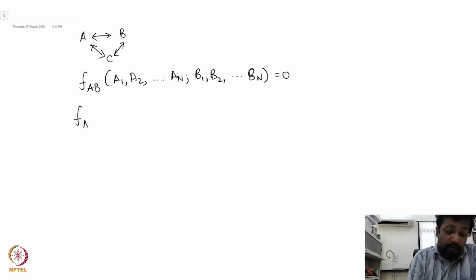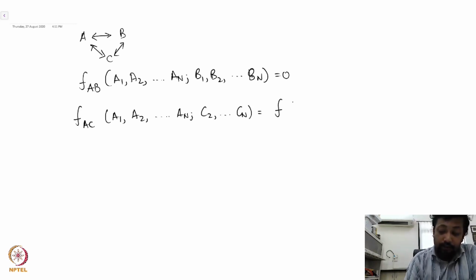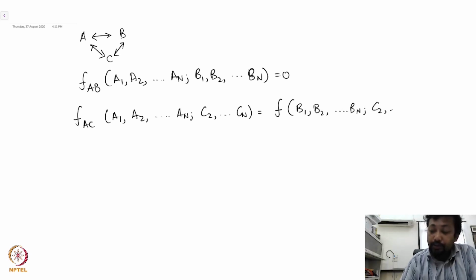Together with this equation, of course, I have f of A1, A2, ..., An, C2, ..., Cn is equal to f of B1, B2, ..., Bn, then C2 all the way up to Cn.